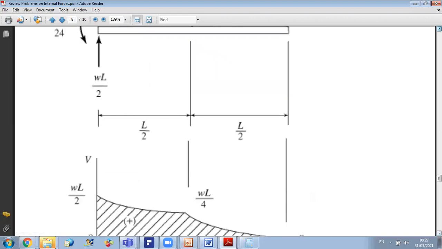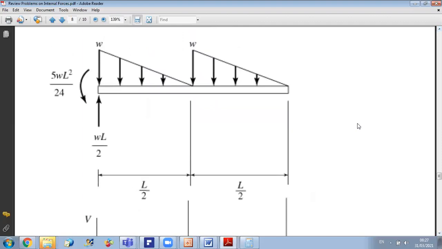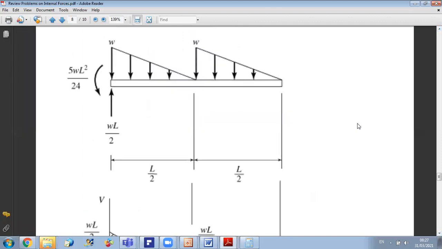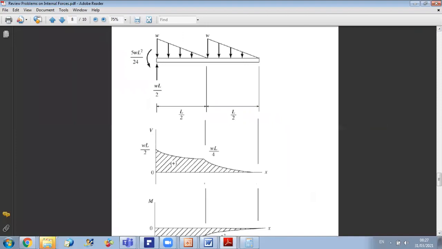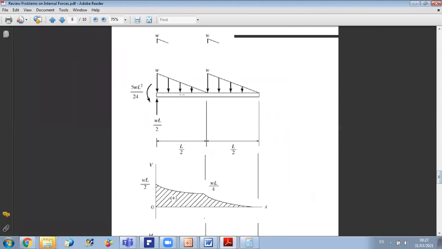Let me zoom in a little bit so you can see both on the same graph. Here, first I start with V equal to omega L over 2. Then, since I have a triangular distribution, the variation of omega with x is linear, so the variation of V will be second degree.